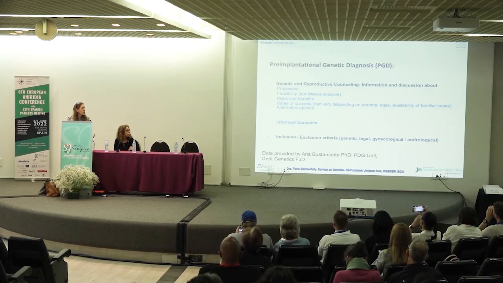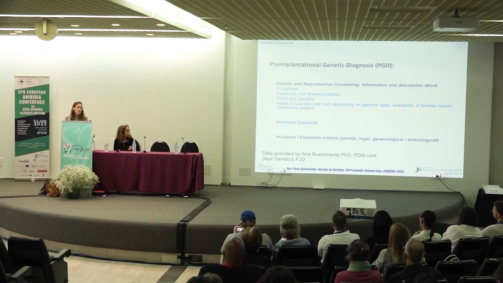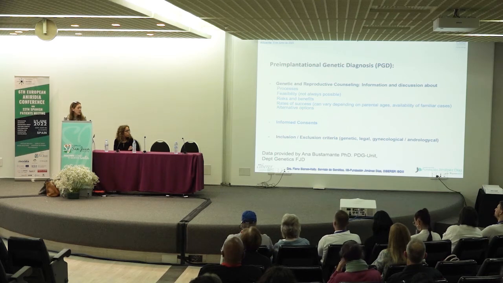And then we have the preimplantation genetic diagnosis, which is a process made for embryo selection. So this is quite a complex process in which we have to go through many different parts or items that have to be fulfilled in order to be able to perform this kind of study.